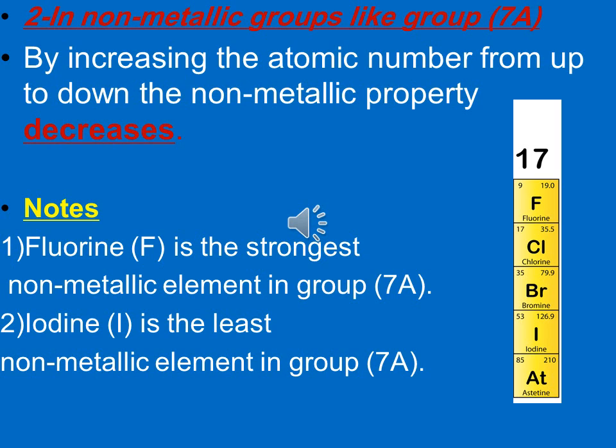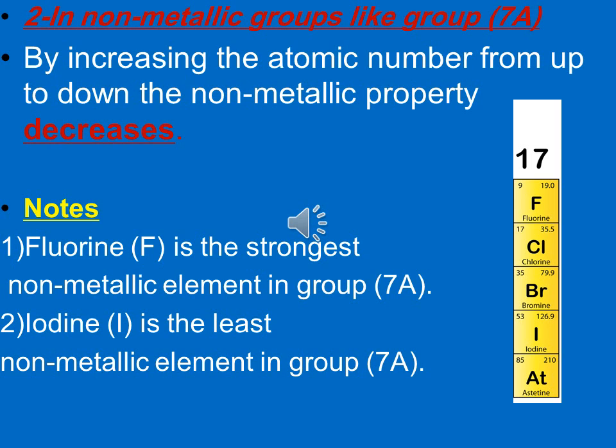That's why fluorine is the strongest non-metallic element in group 7A, because it has the smallest atomic size. As it has the smallest atomic size, the attraction force in fluorine is high, because the electrons are near the nucleus, so it's easy for the atom to attract or gain electrons. So the non-metallic property is high for it.